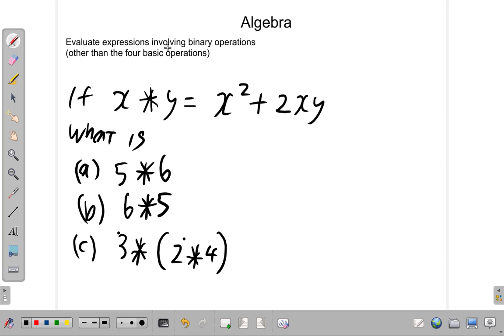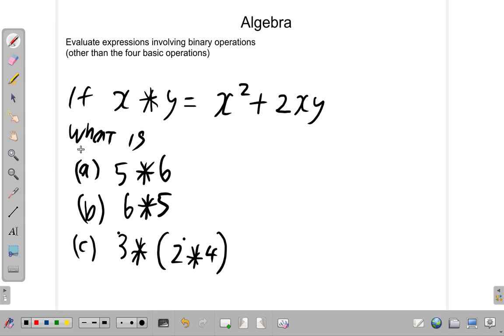We're going to evaluate expressions involving binary operations other than the four basic operations. Now what that means, binary means between two variables or two symbols, or between two at a time. The four basic operations are addition, subtraction, multiplication, and division. But when we look at this type of question, we're introducing new symbols.